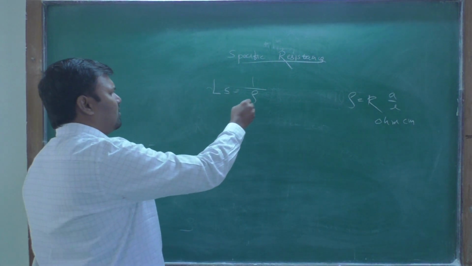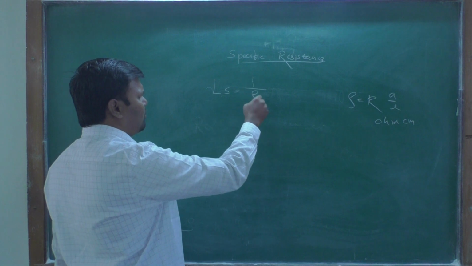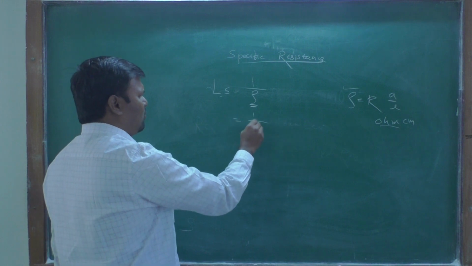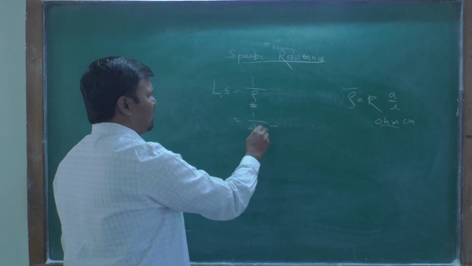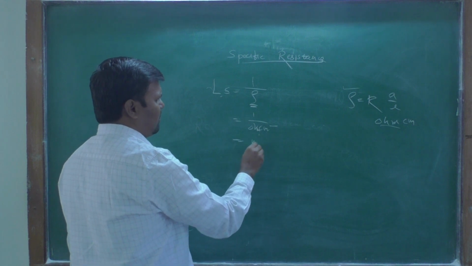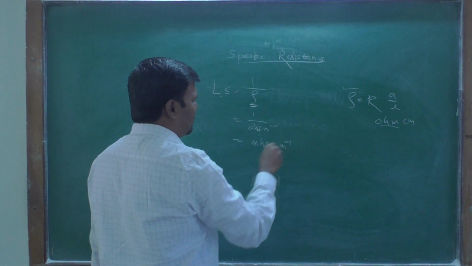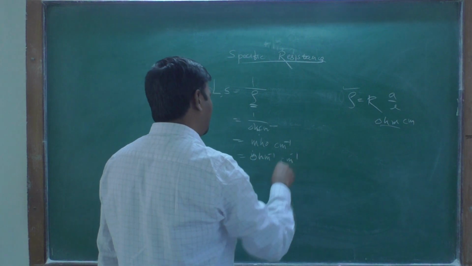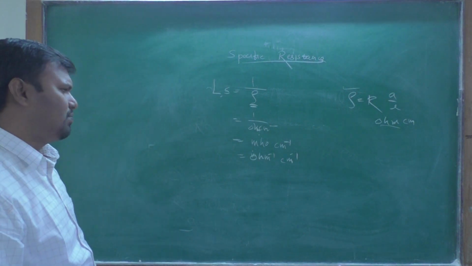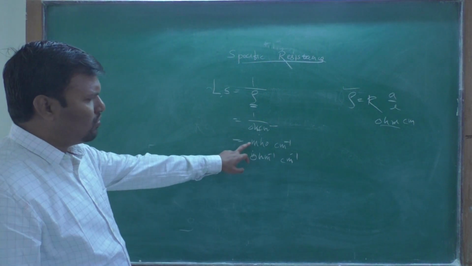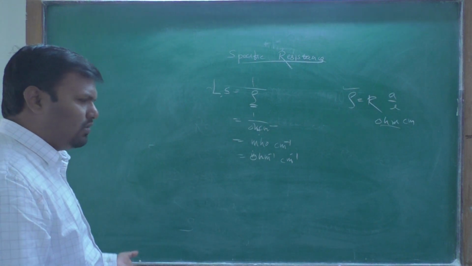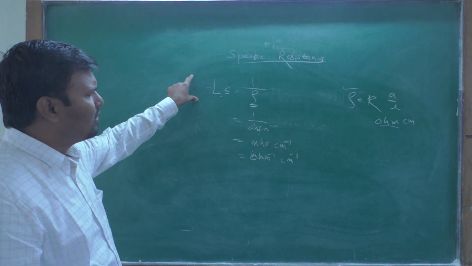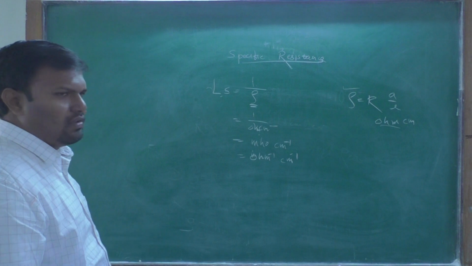Its unit is 1 upon ohm centimeter, so mho per centimeter, or ohm inverse per centimeter. Mho and ohm inverse are one and the same unit.